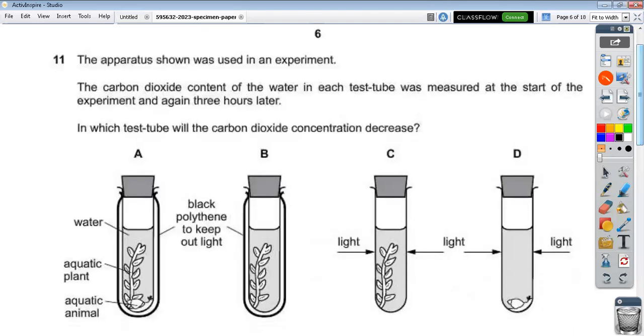The apparatus shown was used in an experiment. The carbon dioxide content of the water in each test tube was measured at the start of the experiment and again 3 hours later. In which test tube, or in which setup, will carbon dioxide concentration decrease?